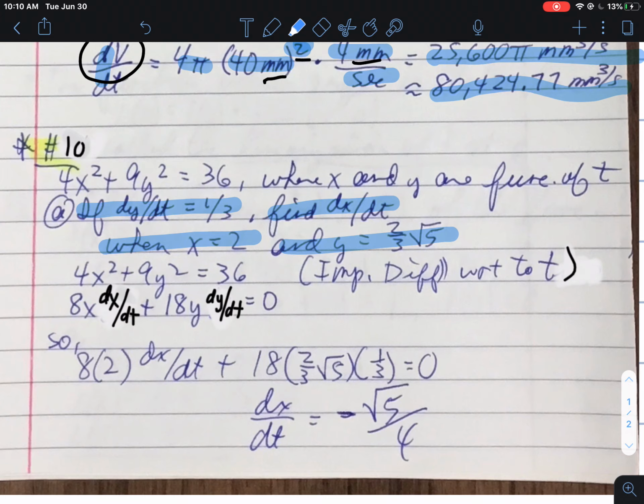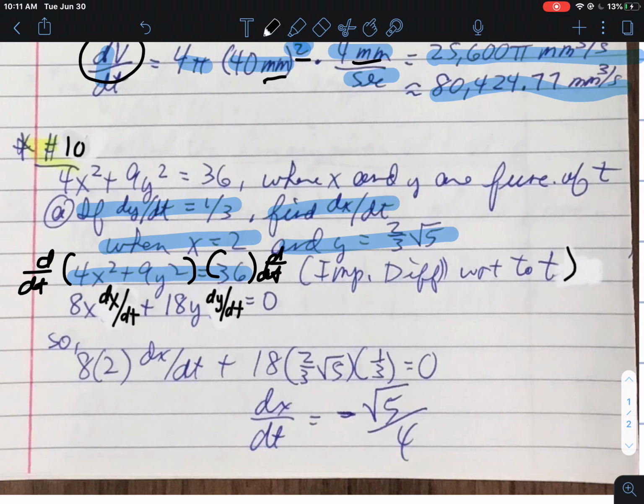But again, nothing different than the previous 2 examples. We're given the equation 4x squared plus 9y squared equals 36. Since x and y are both functions of t, I am differentiating both sides of this equation with respect to t. So d/dt of both sides.